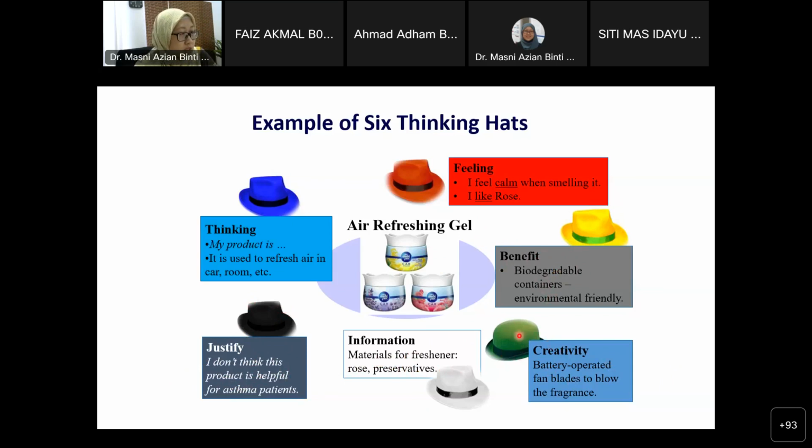Kalau warna hijau ni is related to creativity. What are the new ideas or innovation that can be adopted to the existing air refreshing gel? So maybe dia nak buat a battery operated fan blades to blow the fragrance. So lagi effective dia punya spread of the smell. So this is the example of how you can use the 6 thinking hat.